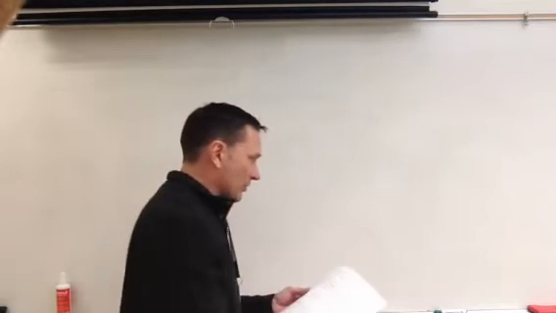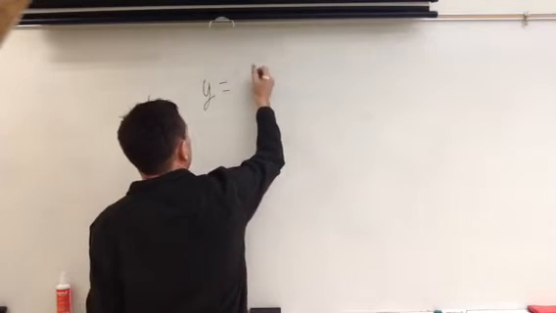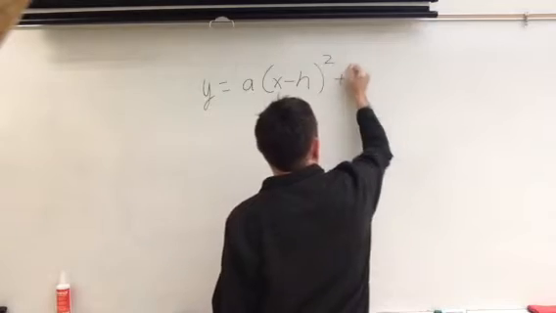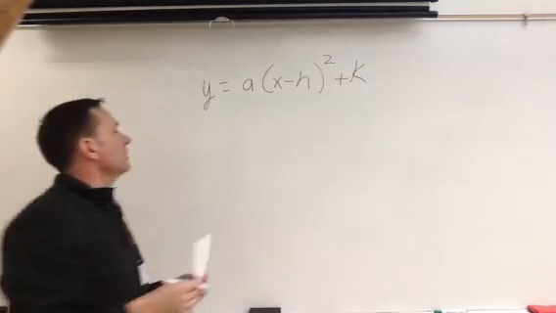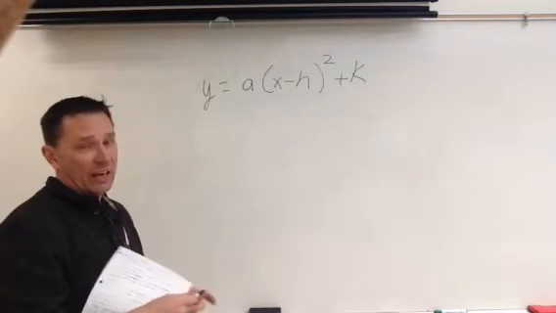So to start with, the vertex form will be represented like this: y equals a(x minus h) squared plus k.